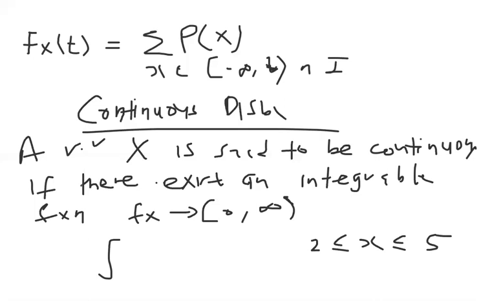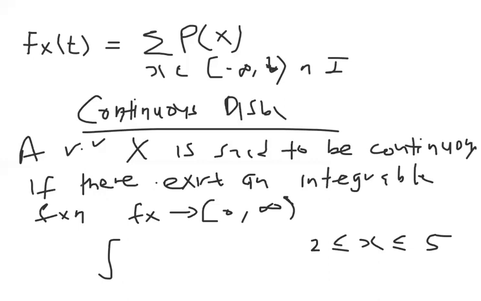So if I say find the probability that x is between 2 and 5, it can be 2.1, 2.2, 3, and the rest. In this case, you can only integrate to find your probability. So when you have any distribution like this, we call it a continuous distribution function.